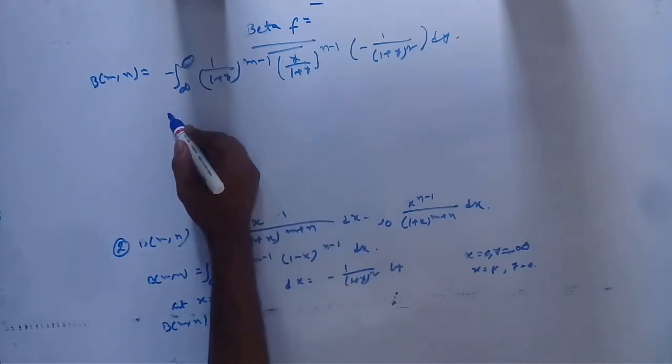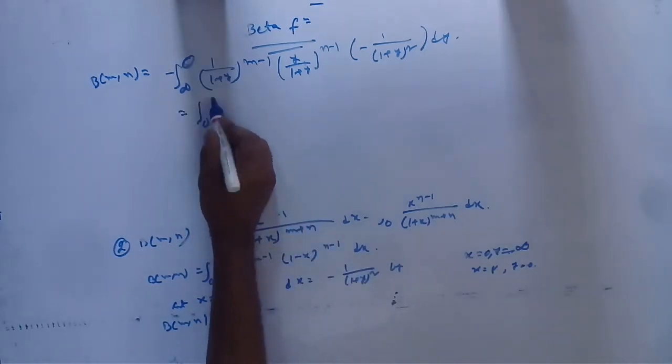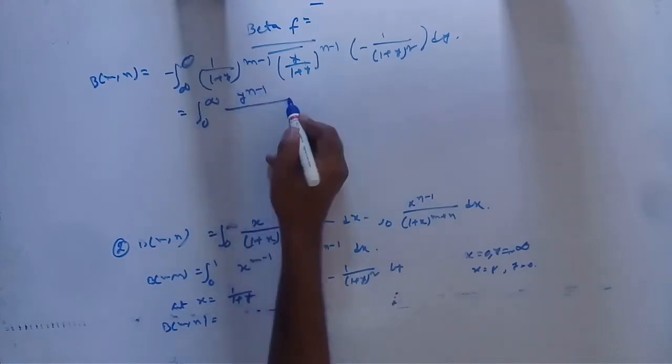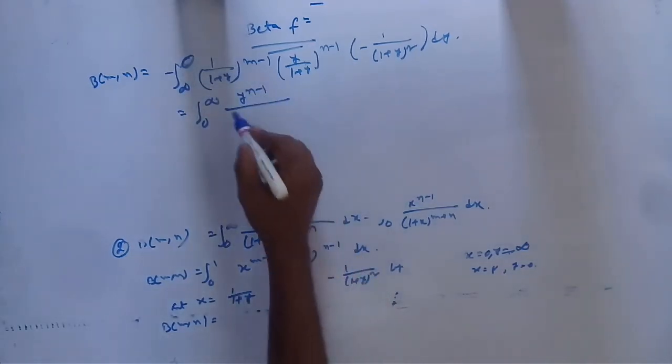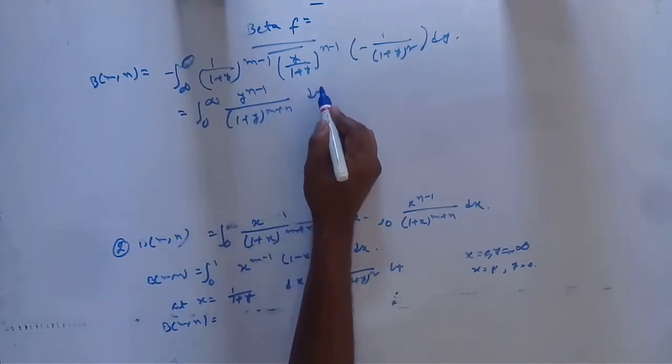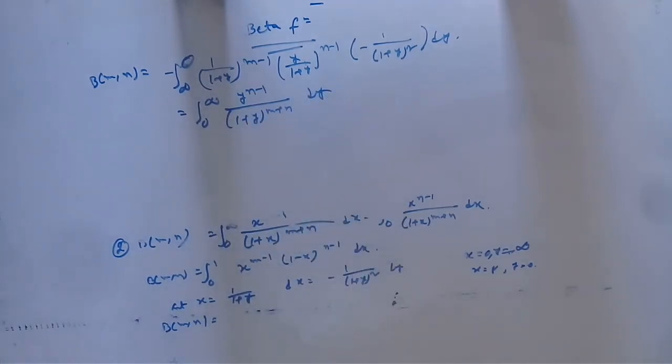And this is equal to integration 0 to infinity y to the power m minus 1 by 1 plus y whole to the power m plus n dy. Okay.